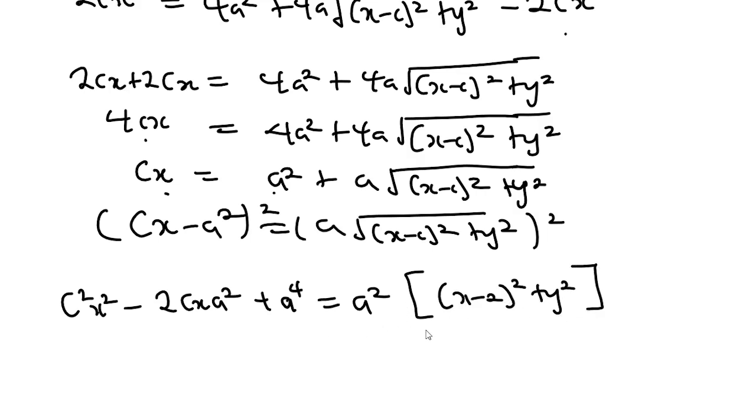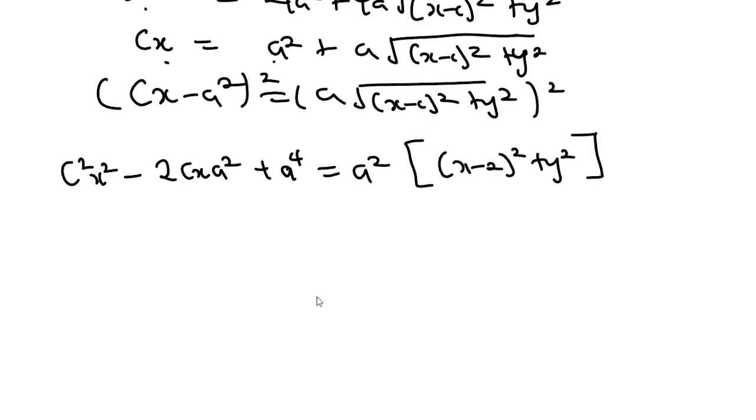Alright, so what happens next? Okay, so let's try to expand the one here. So I have c squared x squared minus 2acx, so a squared plus a exponent 4 being equal to a squared out.